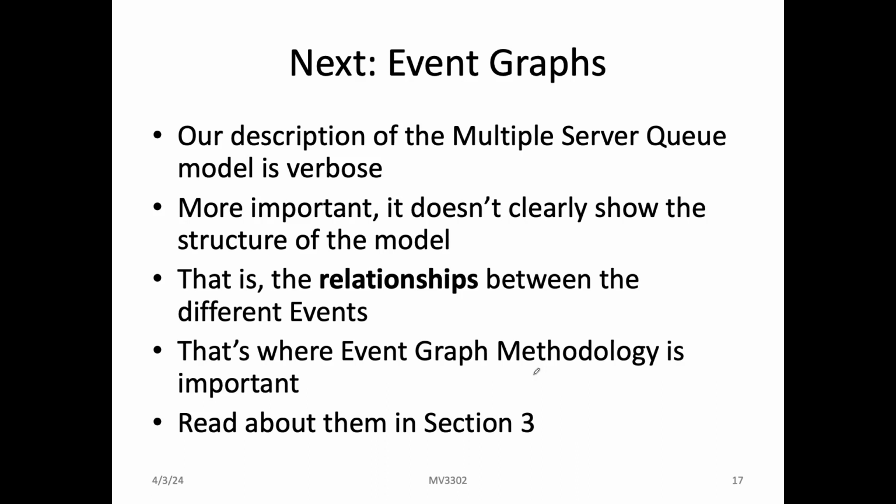And when I say graph, in that context, it's not the plot of something. It's circles and arrows. You've encountered those before. So an event graph is literally a directed graph in which the nodes are the events and the arcs or edges are the events that get scheduled from them.